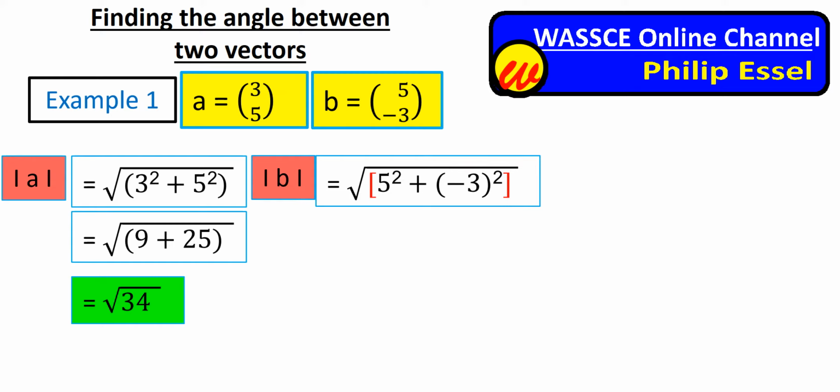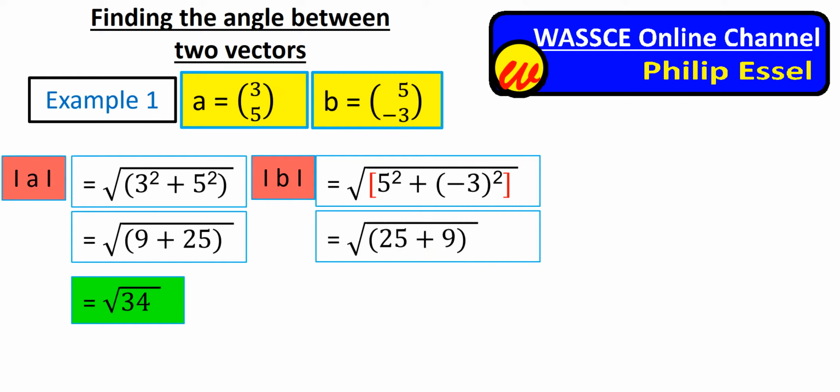We did not just square the 3 leaving the negative. We squared everything. So note that it's very important. This would give us the square root of (25 plus 9), and when we punch this on the calculator, we would get the square root of 34.